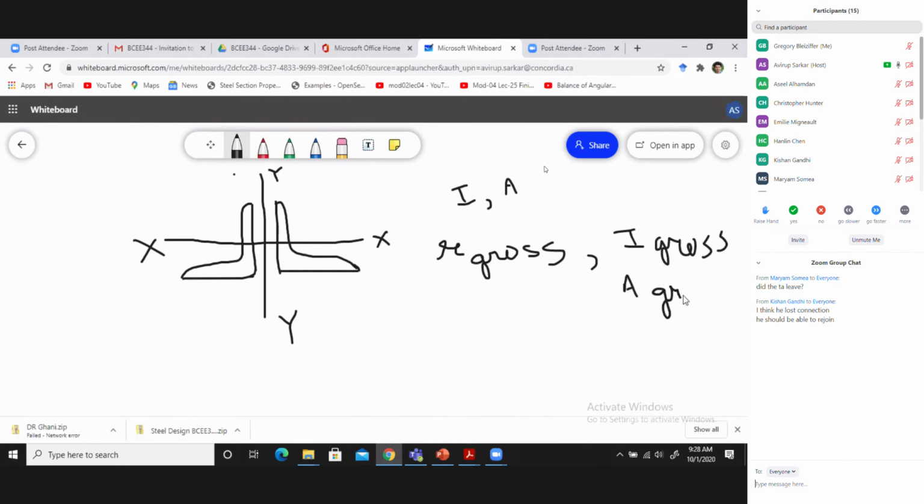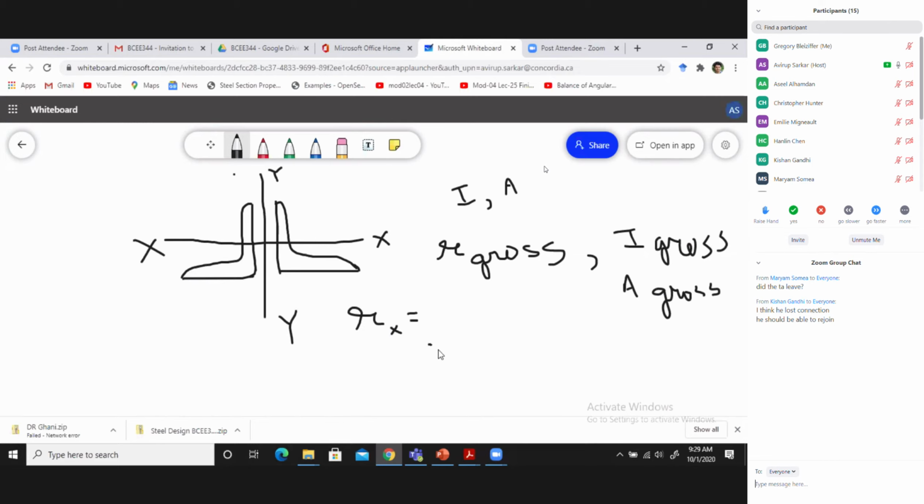Now about the horizontal axis, if you calculate the I gross, it will simply be 2 times of the I individual.